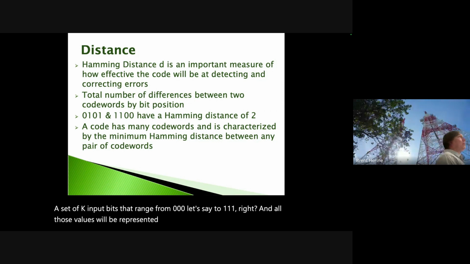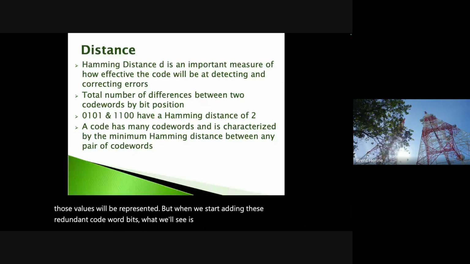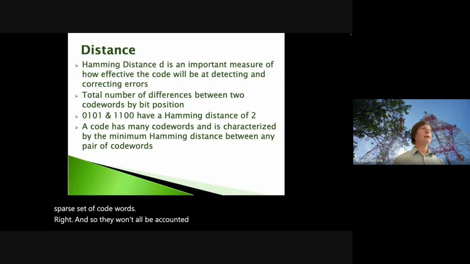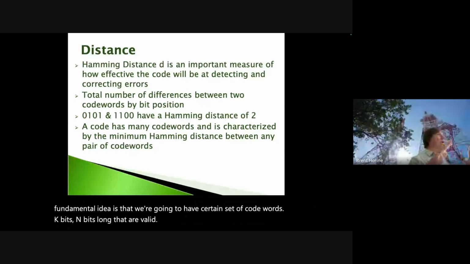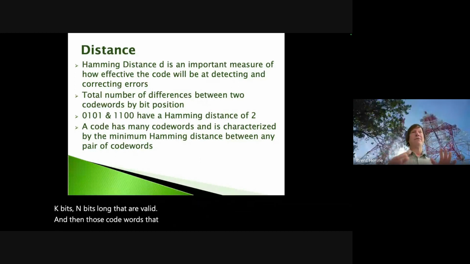But when we start adding these redundant code word bits, we end up with a sparse set of code words, so they won't all be accounted for. The fundamental idea is that we have a certain set of valid code words, K bits of information, N bits long. Those code words that are not in that valid set indicate that there's an error.